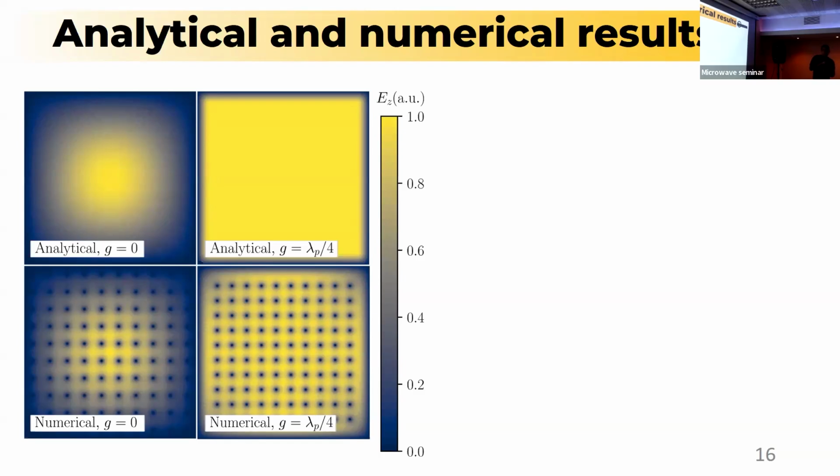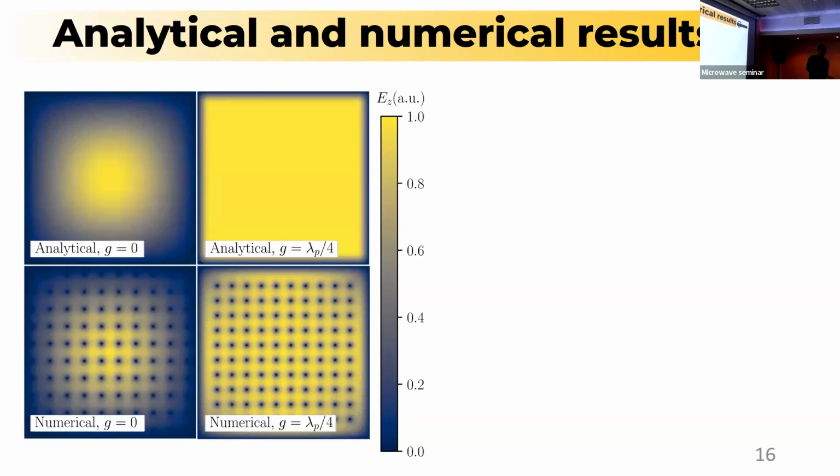When we include the lambda over 4 idea, the electric field is perfectly uniform in the wire media region. For the analytics. In the numerics, we of course are appreciating the field drops due to the wires. We have some field drops in the wires, but in the other regions, it looks uniform. So it's quasi-uniform in this numerical analysis.